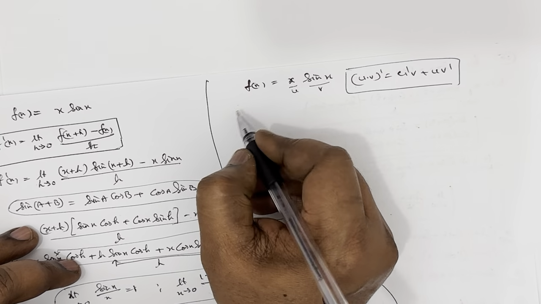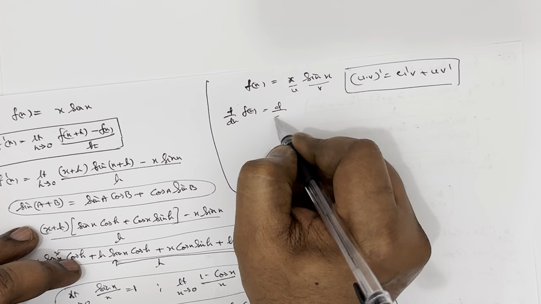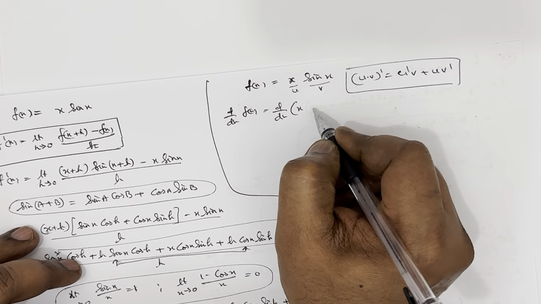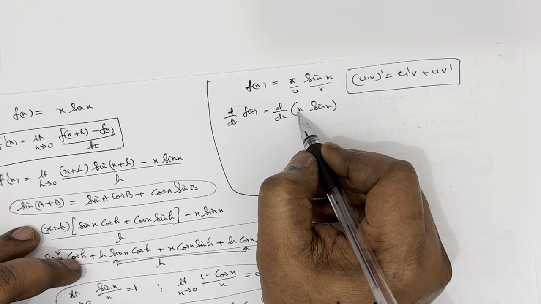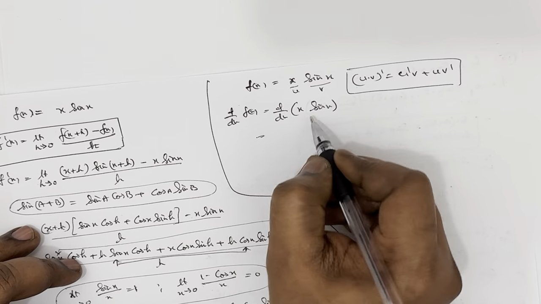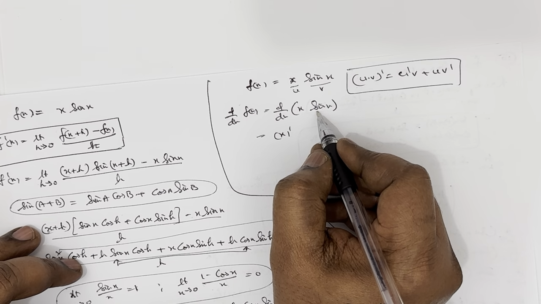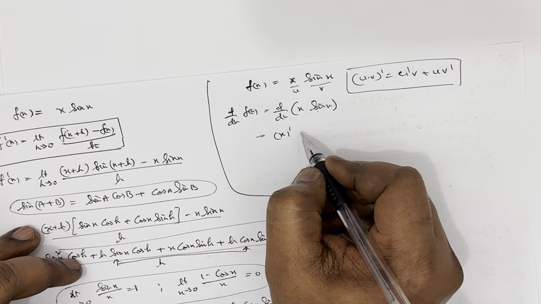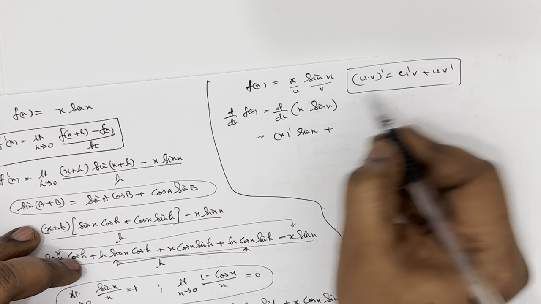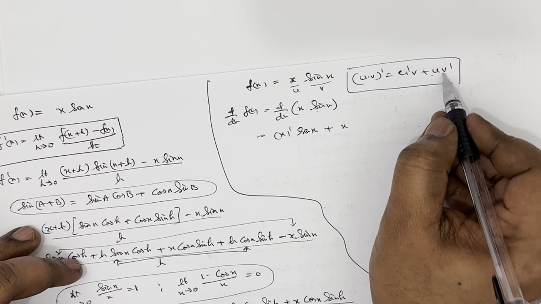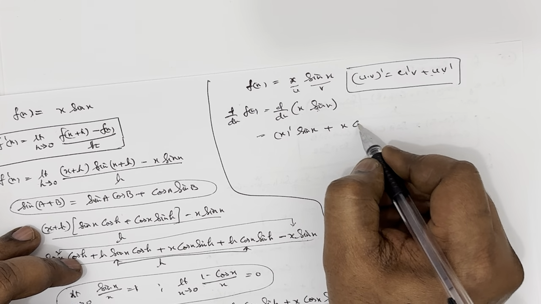So d by dx of f of x is equal to d by dx of x sin x. So this is u and v. So u dash, that is x dash, and v as it is, sin x, plus u as it is, that is x, and v dash. The derivative of sin x is cos x.